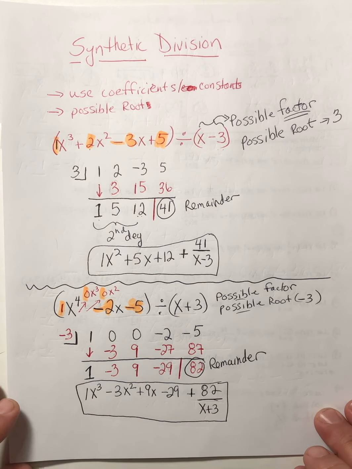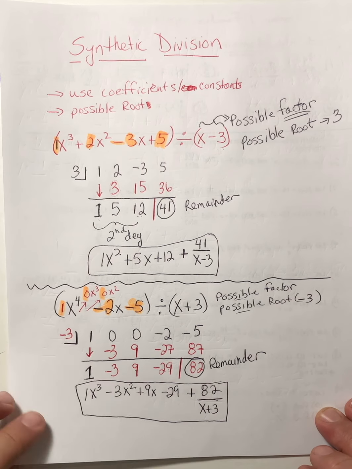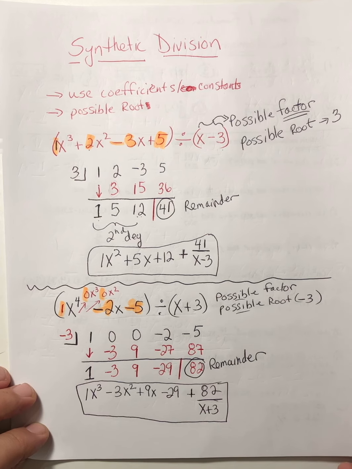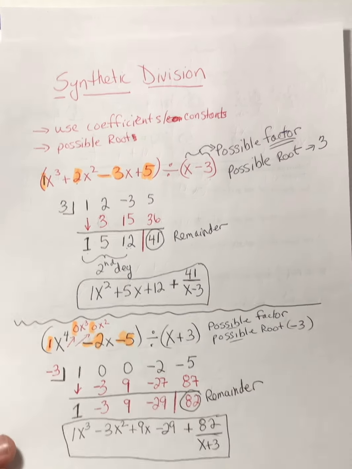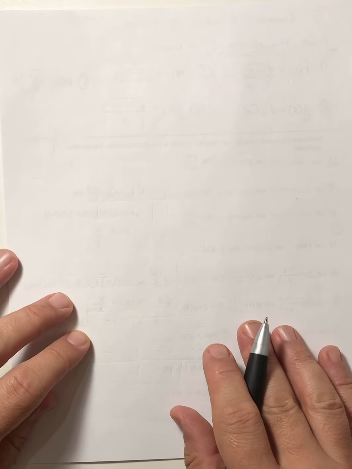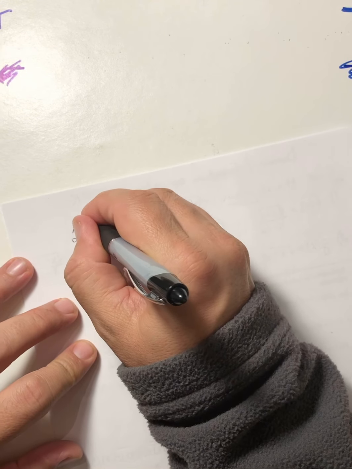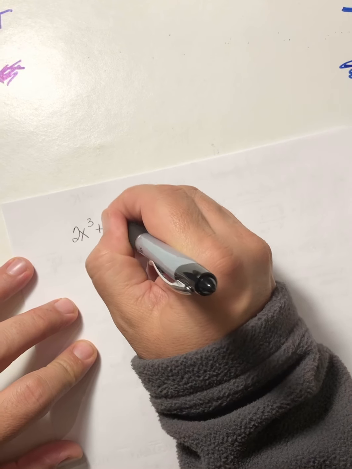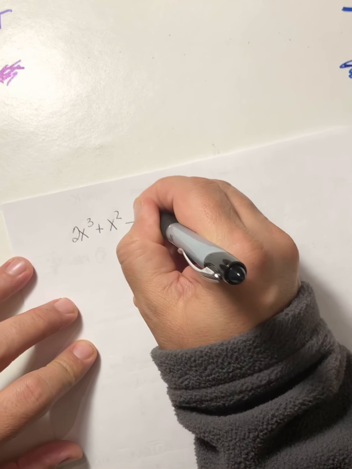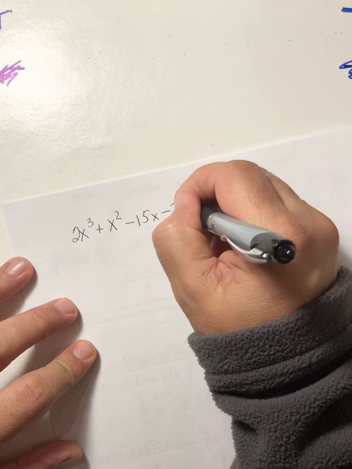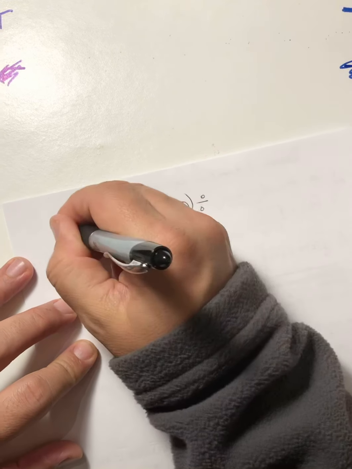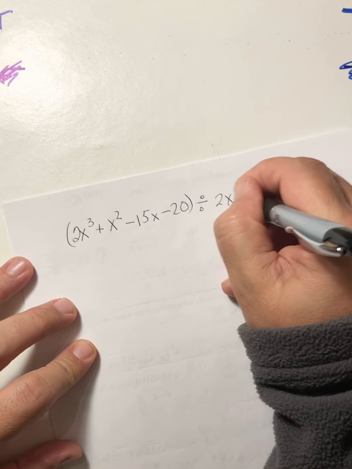All right, we got one more to do. All right, last one. So we have 2x cubed plus x squared minus 15x minus 20 divided by 2x plus 3.